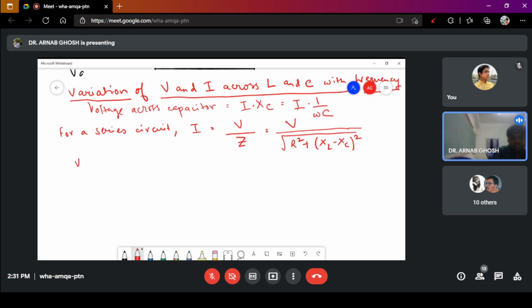So what will your VC become? Your VC is equal to V upon omega C into 1 upon root over R square plus omega L minus 1 by omega C whole square.